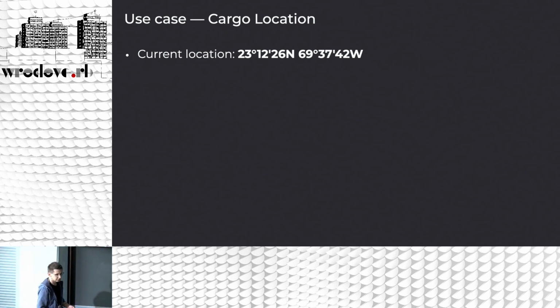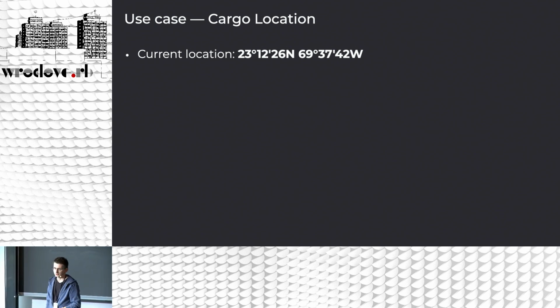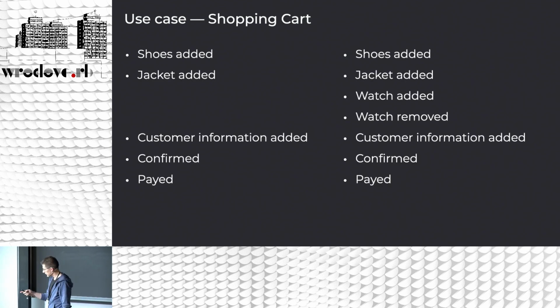A third one, for the DDD enthusiasts, cargo location. Let's ship some cargo overseas. Let's imagine we have this big boat that goes overseas to Miami or whatever, and we want to track its location. So we always want to see where it's at. So again, we have this dialog that says current location.